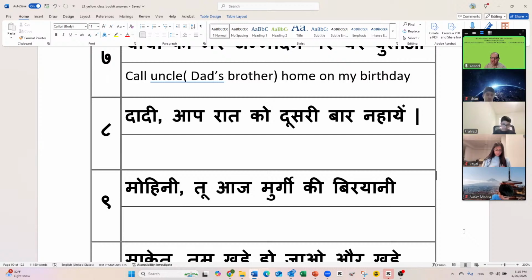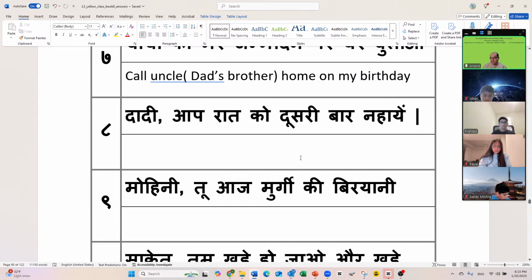So if you were reporting that Dadi was having a second bath every day, what would the verb nahana conjugate as? Nahata, and so for Dadi, nahati. So you would have said, दादी रात को दूसरी बार नहाती हैं.